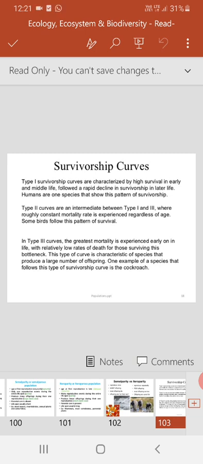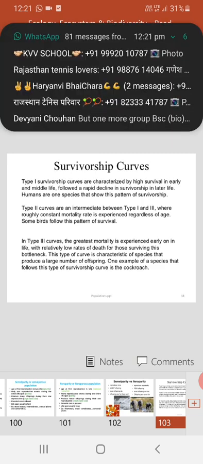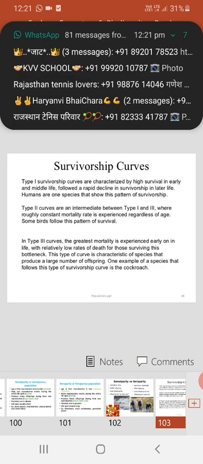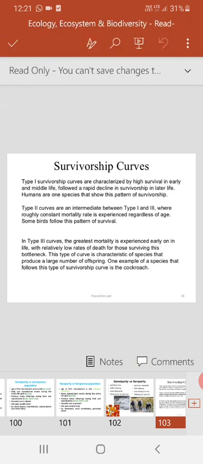So once the few individuals survive, they then complete their lifespan. So the mortality is maximum at the pre-reproductive age group, and then it is less in the reproductive and post-reproductive age groups.